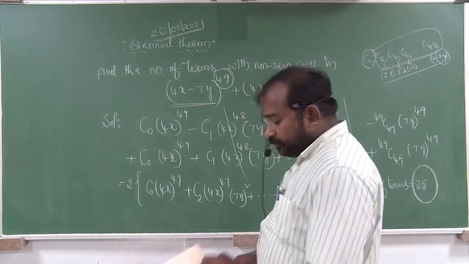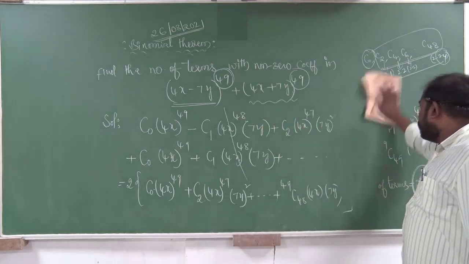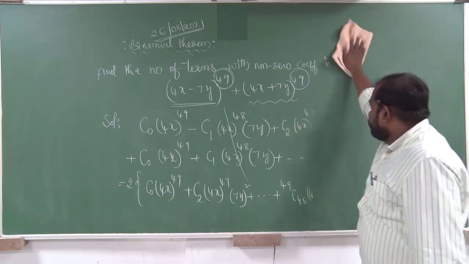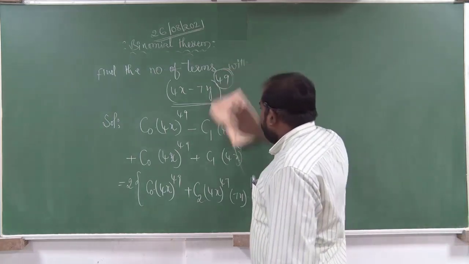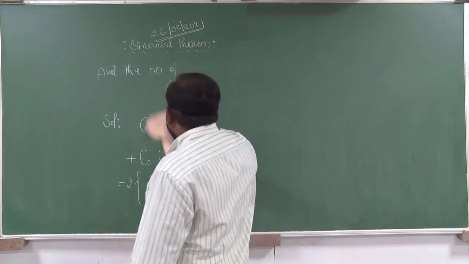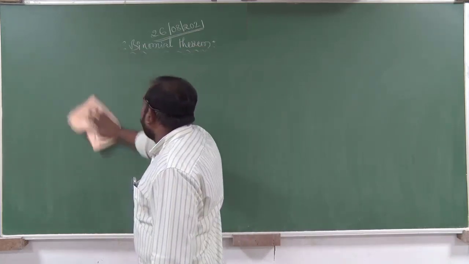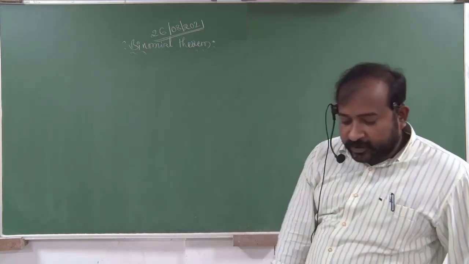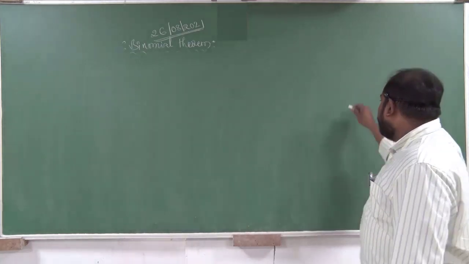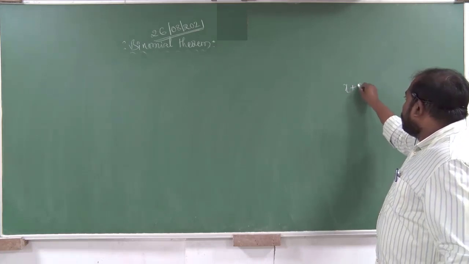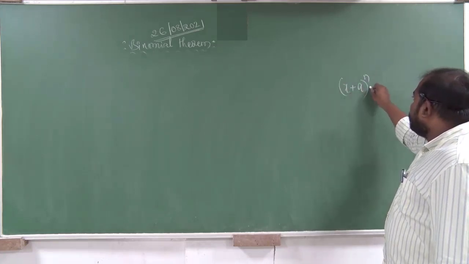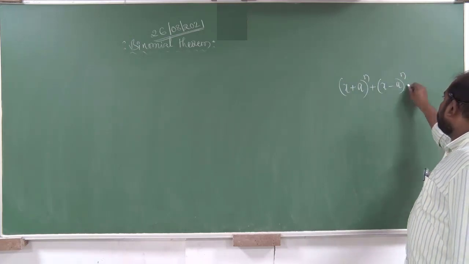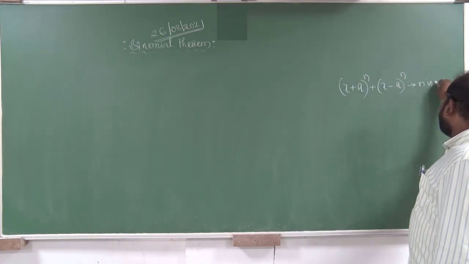Next example. This is also one more important concept. You can try this yourself with the help of this concept. One example I will give: (x plus a) whole power n plus (x minus a) whole power n, if n is odd.